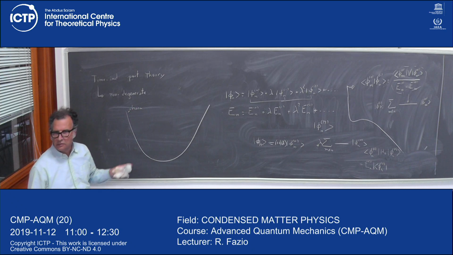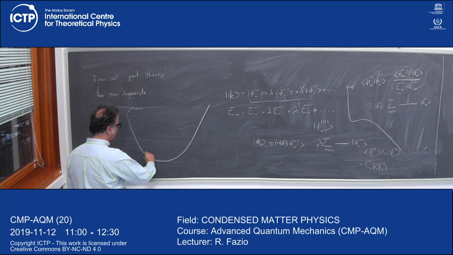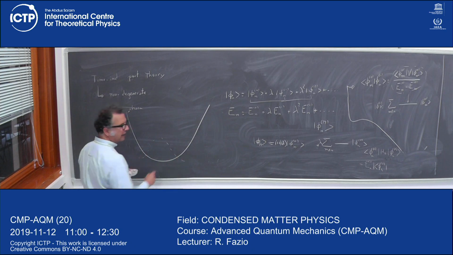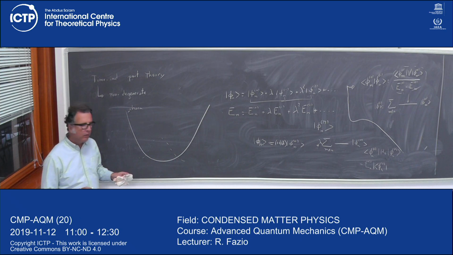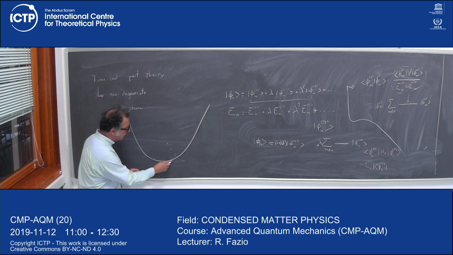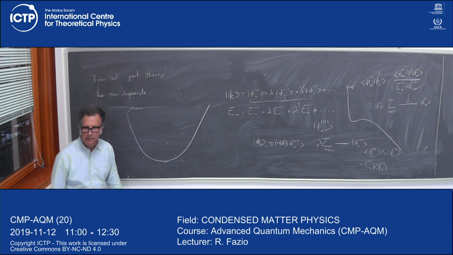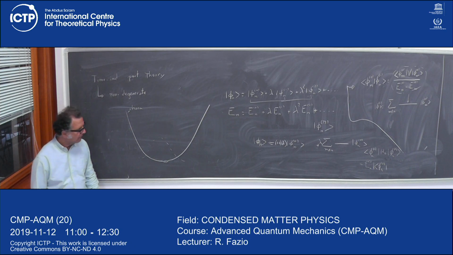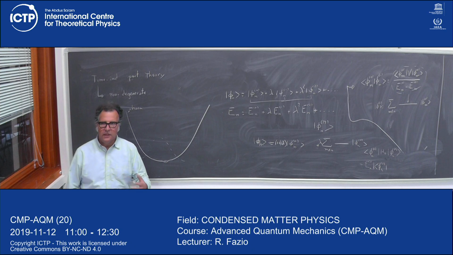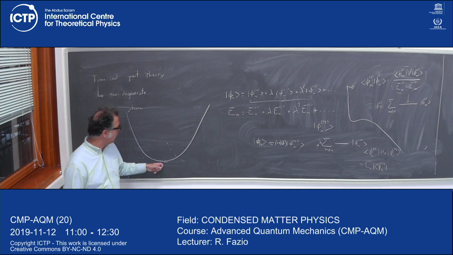So we know the solution. The ground state solution, the wave function will be something like this. Now I want to consider a situation in which here the potential is slightly modified. It will be like this. Then in the first order, the perturbation has two effects.